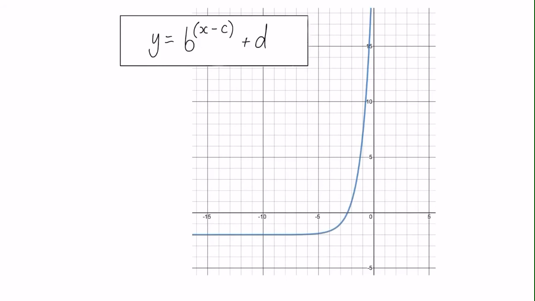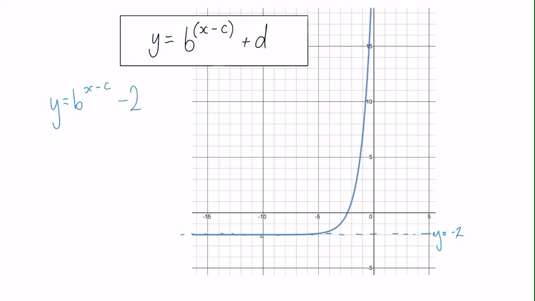And here is the final graph that I'm going to find an equation for. The first thing I look for is the vertical shift. I can see that the graph is getting really close to this line here, y equals -2. The graph has been shifted down by 2, so I can start writing my equation, and the vertical shift is going to be -2.